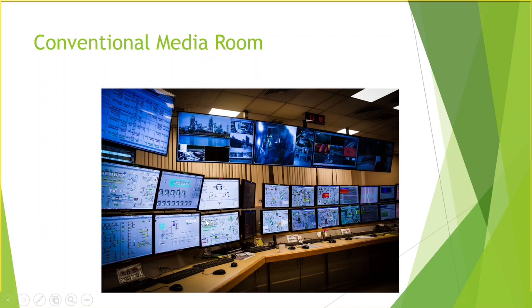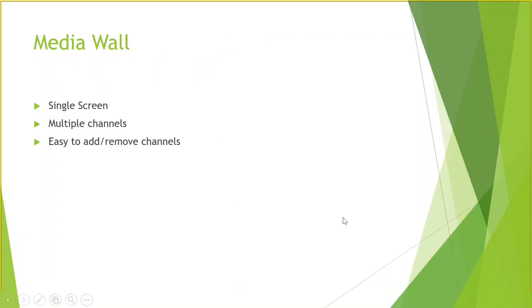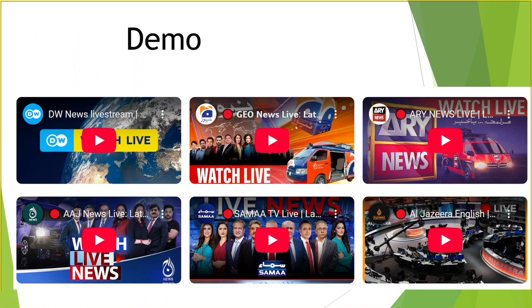Now it makes a lot of complexity in the system because we have to maintain too many wires and too many screens. So in order to avoid this, I developed this Media Wall app, which is using a single screen to display multiple channels, and you can add or remove channels very easily.